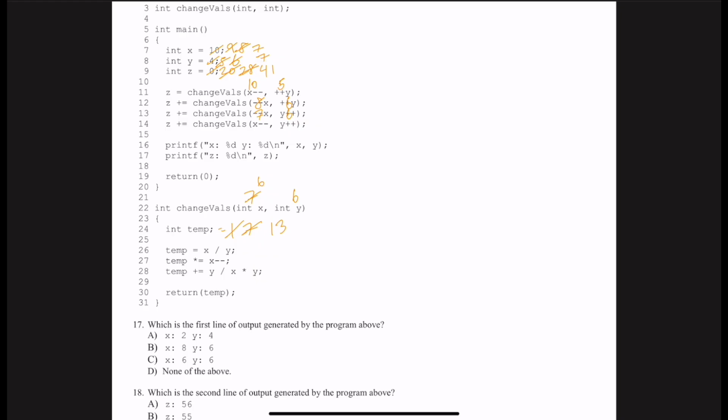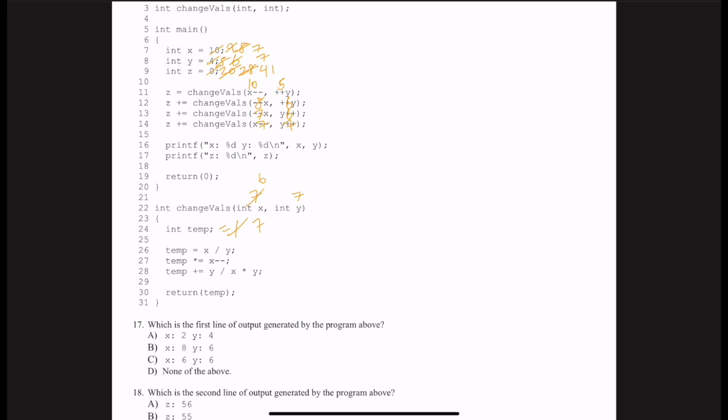X minus minus, postfix, so what is x now? Y plus plus, postfix, what is y now? Evaluate this function, 7 and 7. Temp equals x divided by y equals 1. Temp times equals x minus minus, so times 7 is going to be 7. As a side effect, we decrease x.